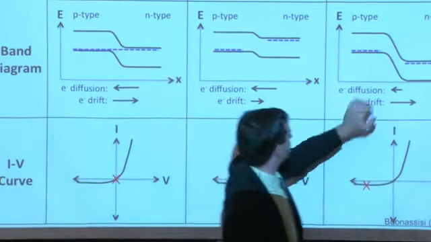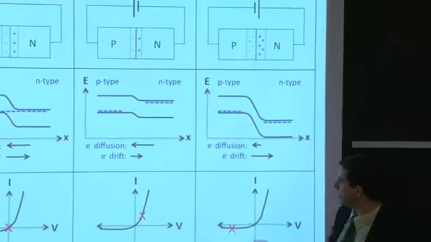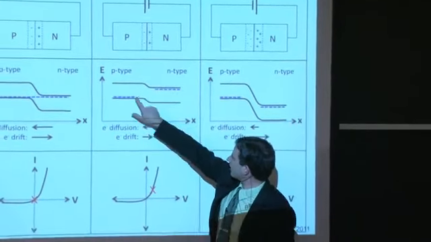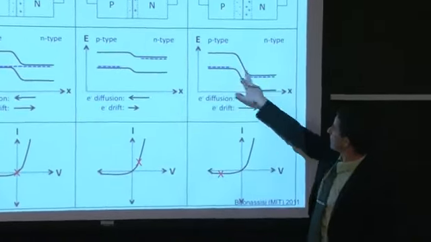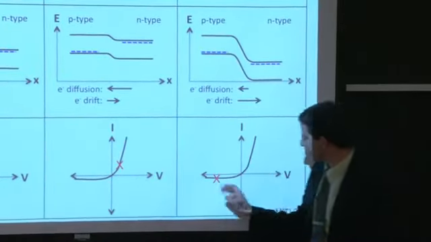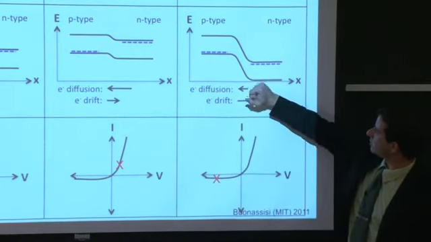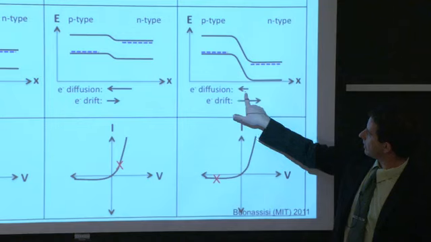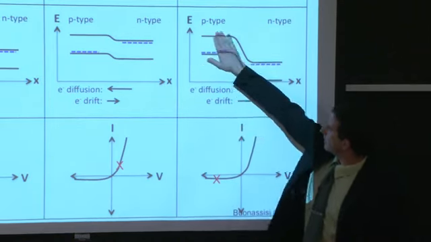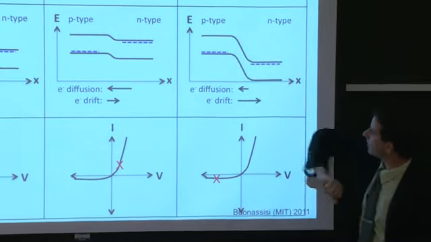When we reverse bias our device, notice the separation of the quasi-Fermi energies. Again, we have here one sign of voltage because the right side is higher than the left. And now the right side is lower than the left, so our voltage sign flips from positive to negative values. So notice the voltage. And now the current as well. The drift current will outweigh the diffusion current in this particular case because now the barrier for electrons to diffuse from the n to the p-type is very large.